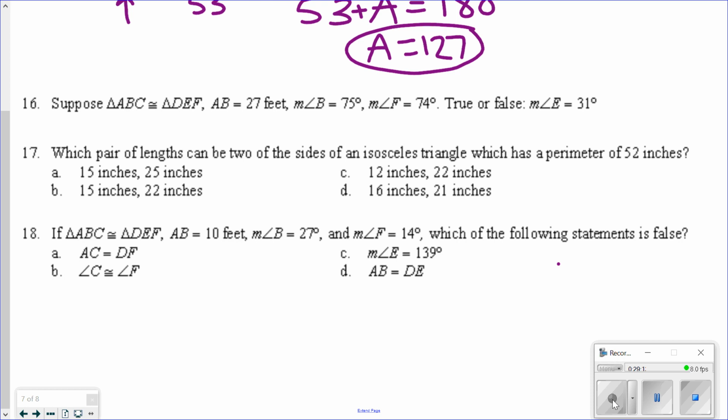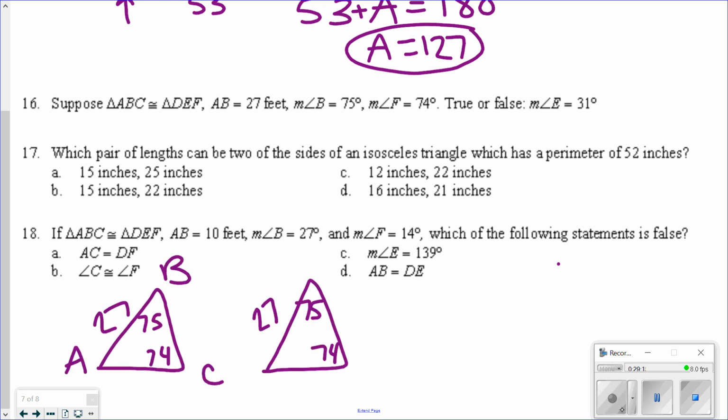Well, let's draw this out. As you can see, I drew this out. So this is D, E, and F. And so this would mean no, this is false. E would not be 31, it would actually be 75.